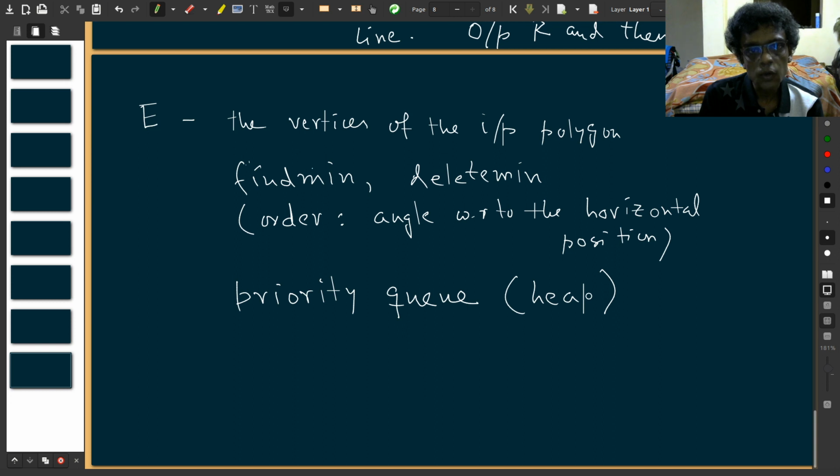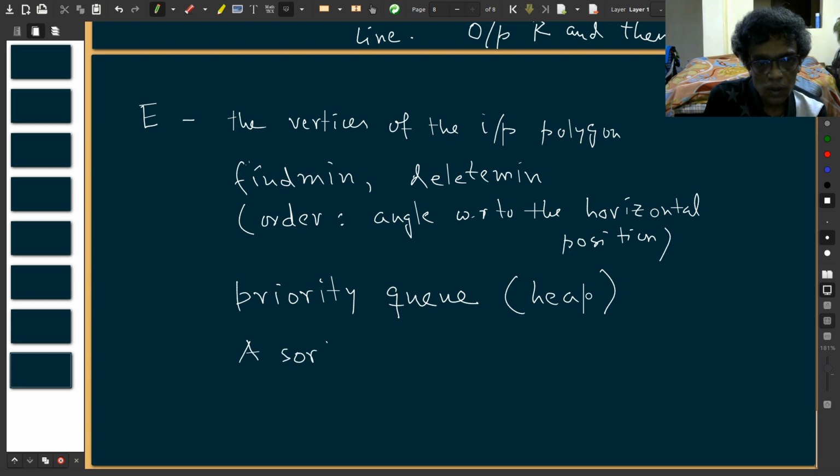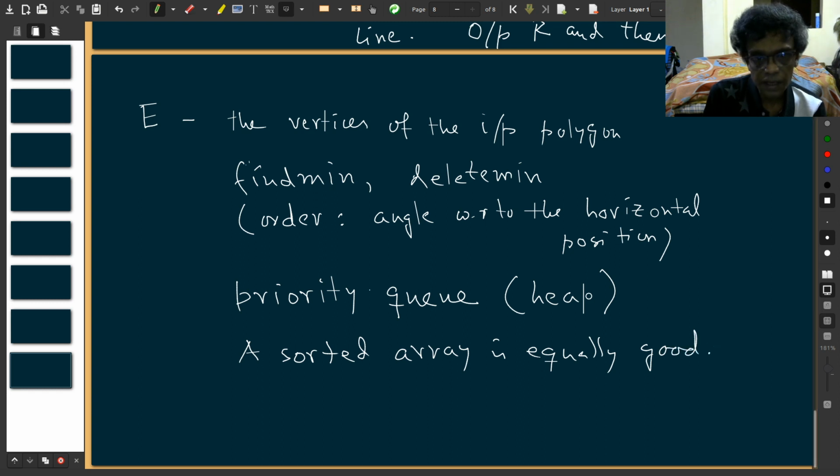Even though you can initially create that heap in big O of n time, you are anyway spending n log n time for these delete mins. So actually a sorted array is equally good. Initially you spend n log n time for sorting the array, and then one by one pick the next event, and so on. So that's fairly straightforward.